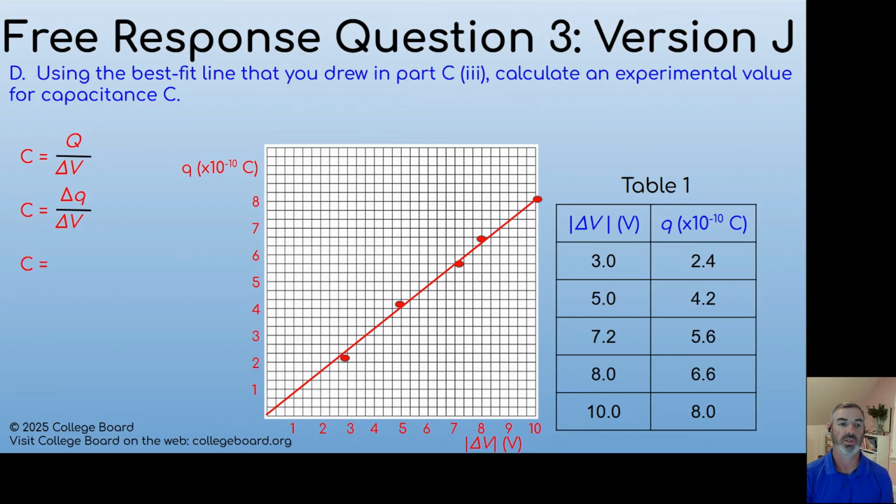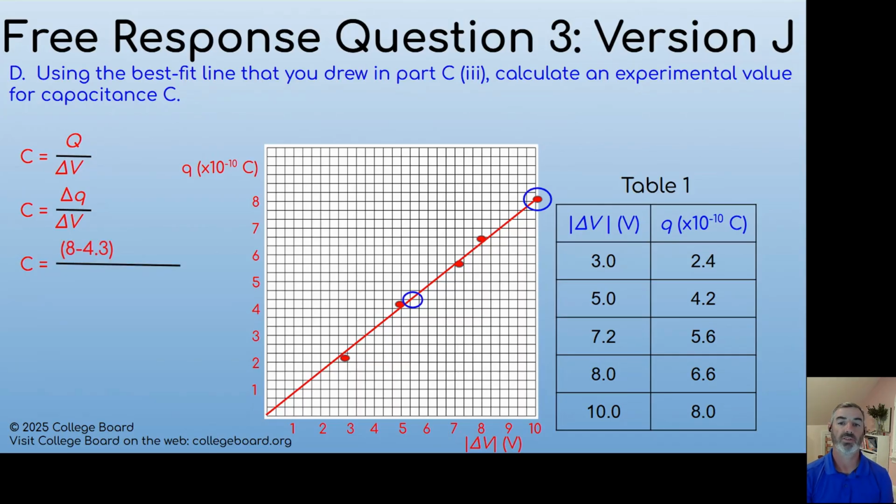So we can set the capacitance equal to the slope, and now I've got to pick 2 points that are on my line. I can't pick data points that are not on the line. I have to pick 2 points that fall on the line. One of my data points falls on the line, that's 10, 8, and another point we're going to use is 5.3 and 4.3. So now we just need to find the slope.